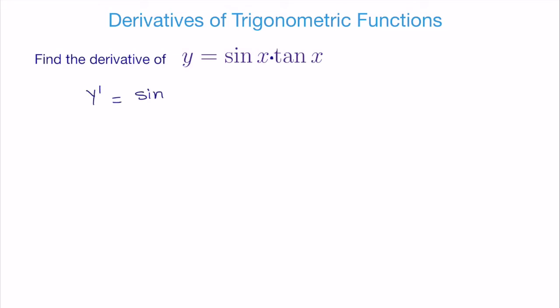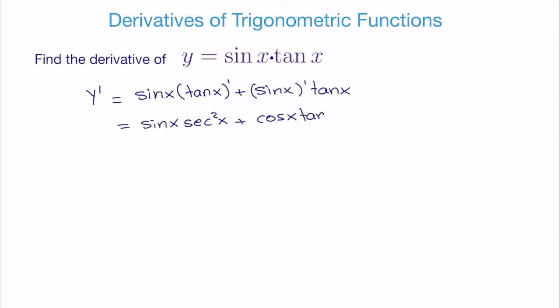Keep the first, derive the second, plus derive the first. Sine x stays the same. The derivative of tan x is secant squared x using the table. The derivative of the sine is the cosine, and we keep tan x. At the end, you always try to simplify your answer.